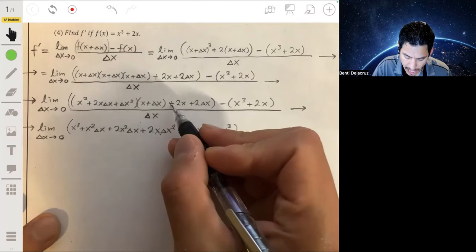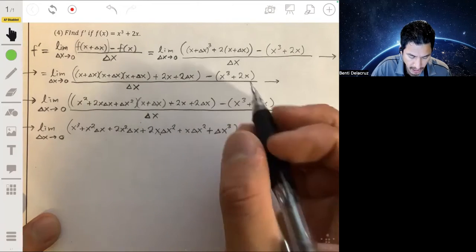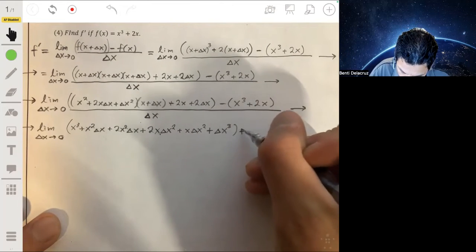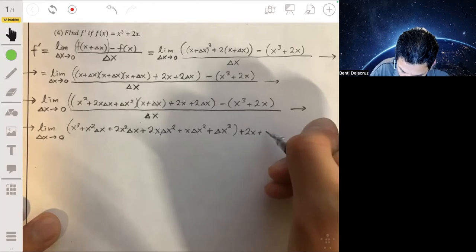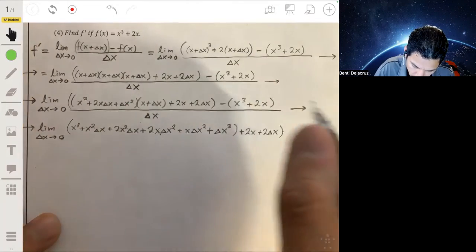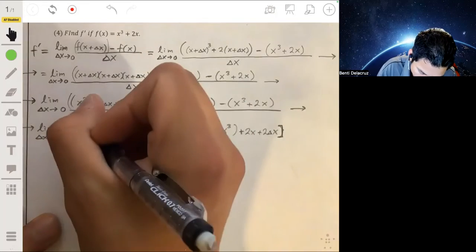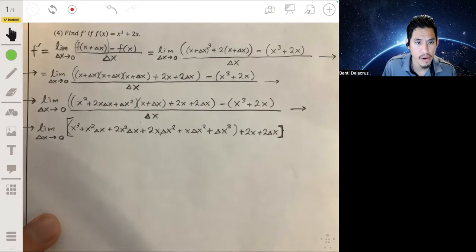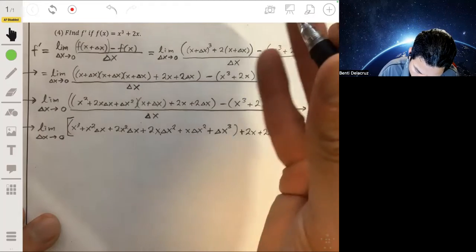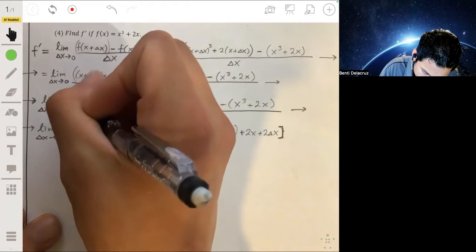And then we're going to add this just so we're still here. So then add the 2x plus 2 delta x plus 2x plus 2 delta x. I think the brackets are actually in. I should have been doing that. And let me put this in brackets so we can see it better.